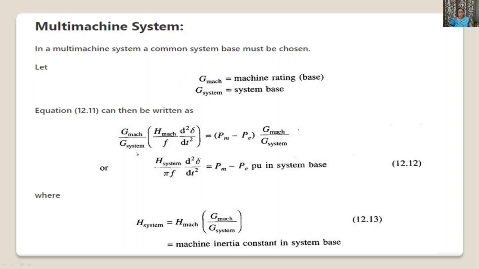We have multiplied both sides by G machine by G system, so it will be H system upon pi f into d2 del by dt square is equal to Pm minus Pe. For a complete system, H1, H2, H3, H4, it will be H of a single machine into G machine upon G system, the machine inertia constant on a system base.